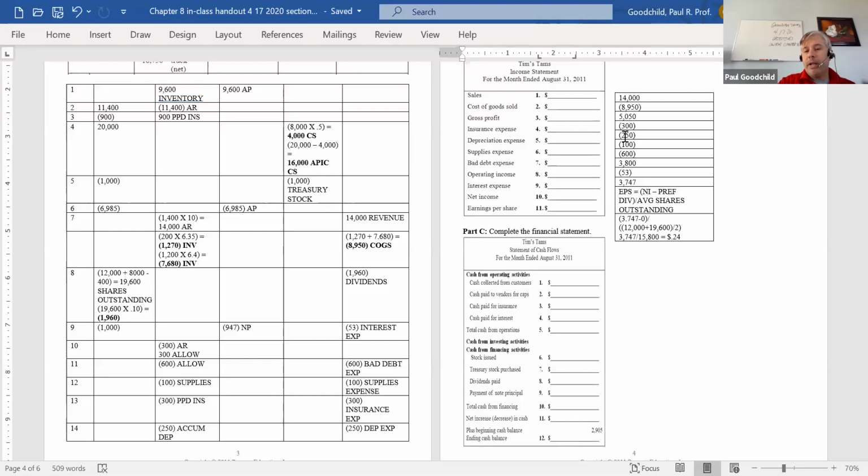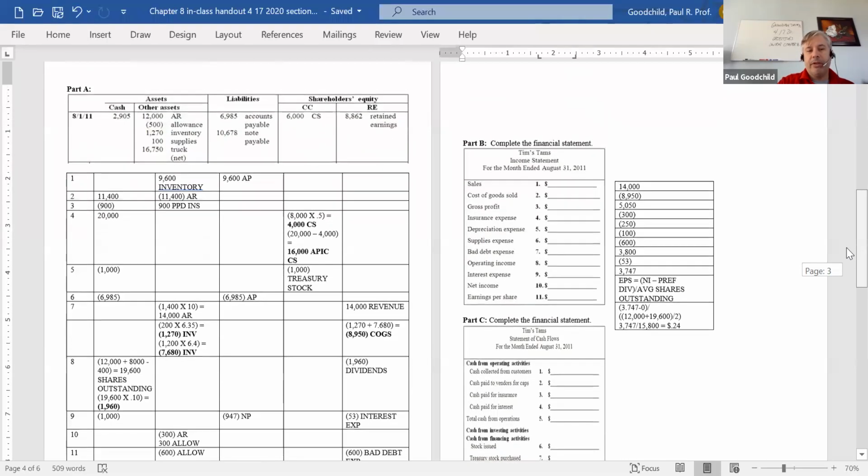And then somebody asked where I found preferred dividends, and there were none, but I was just putting the overall formula out there for you. In this case, we didn't have any preferred dividends, so I'd zero that out, but it would be on the beginning information if there were preferred shares.